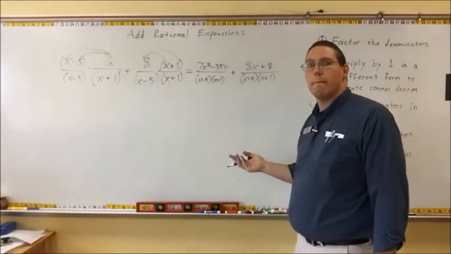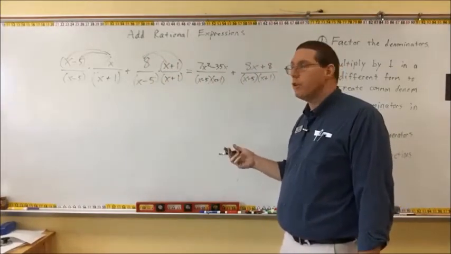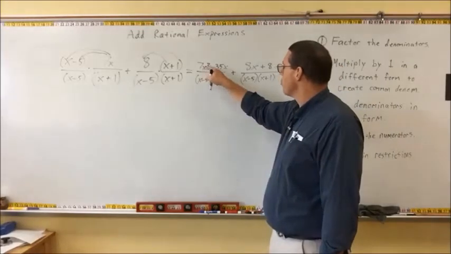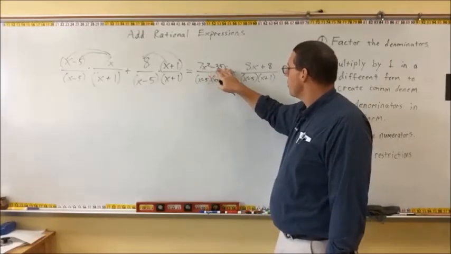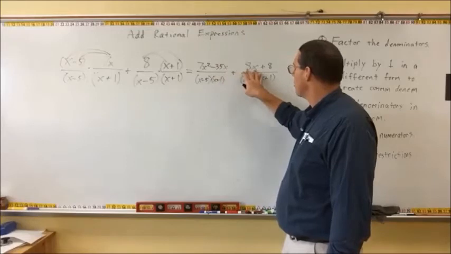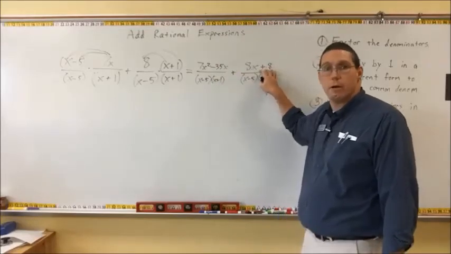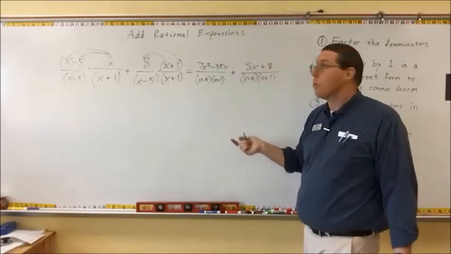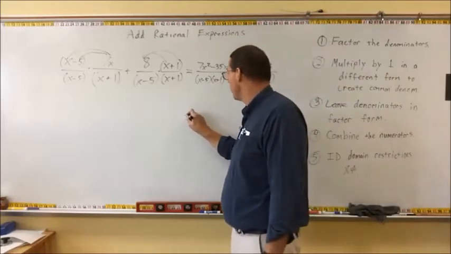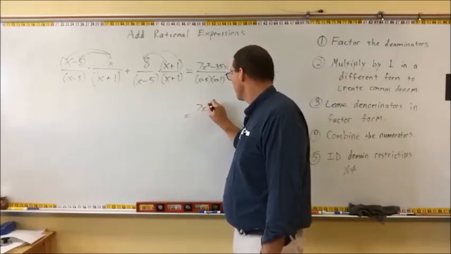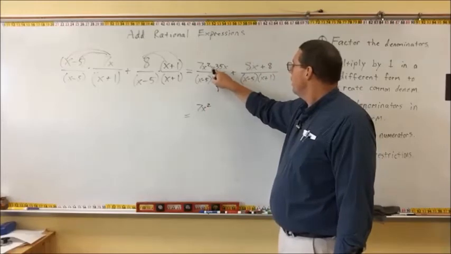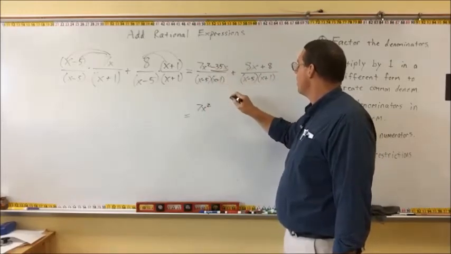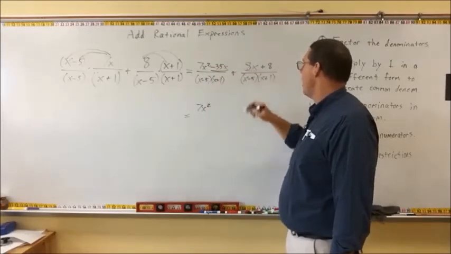And now we're going to combine like terms in the numerator. Now look at this 7x squared. I want you to notice, no x squared here, no x squared here, no x squared here. So there's no combining. We're just going to bring down the 7x squared. Here we have a negative 35x and a plus 8x.